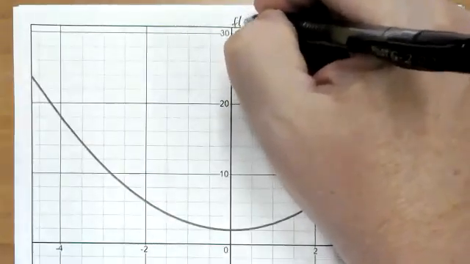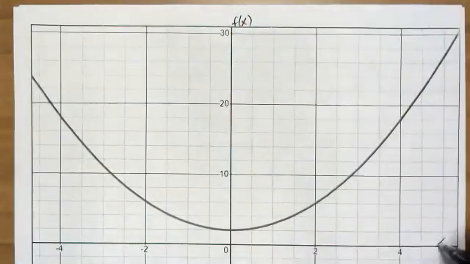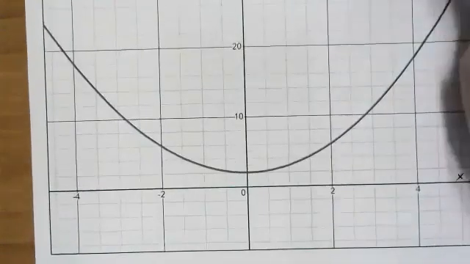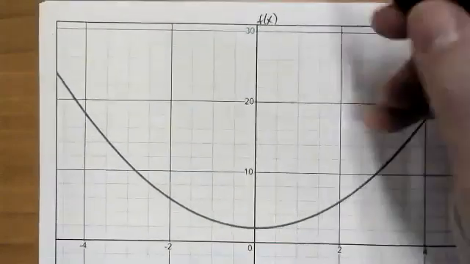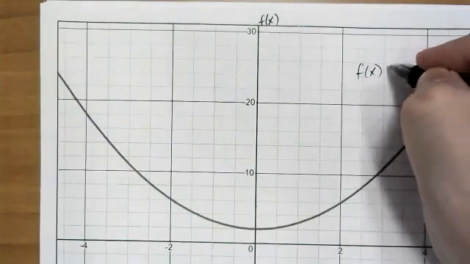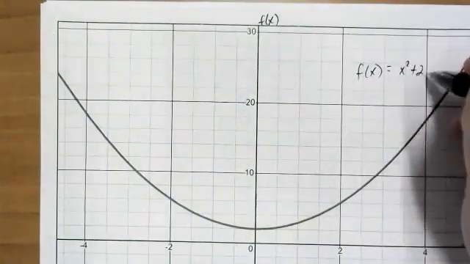So I'm going to call my vertical axis f of x. Here's my horizontal axis x. I created this graph as an equation, but instead up here I'll say, this is the graph of the function f of x equals x squared plus 2.